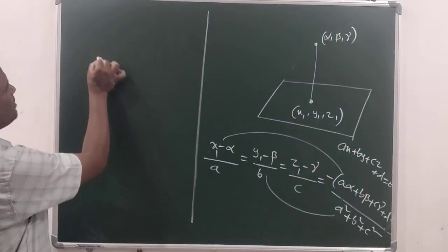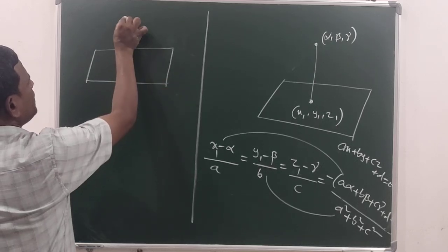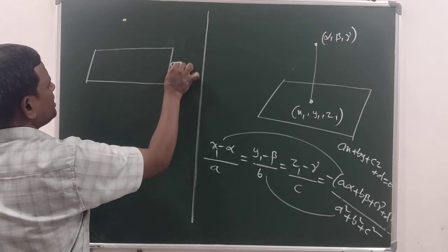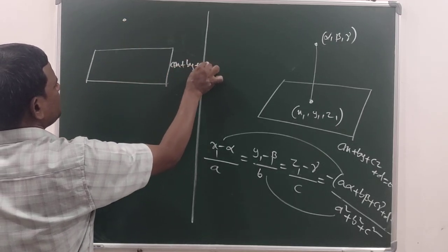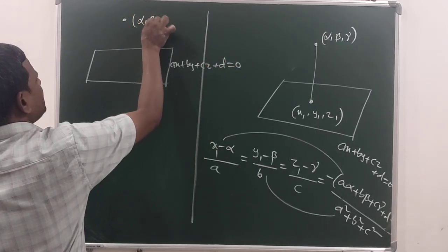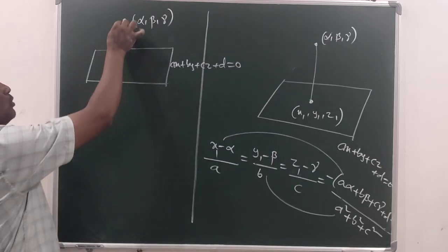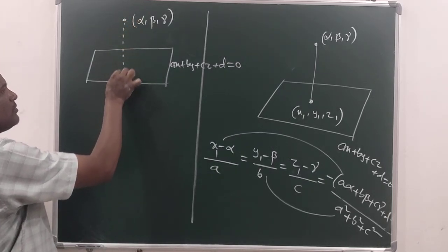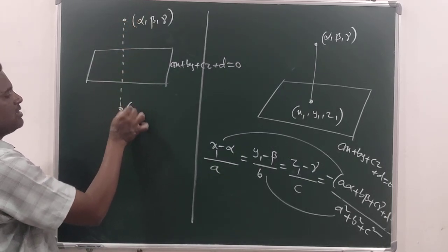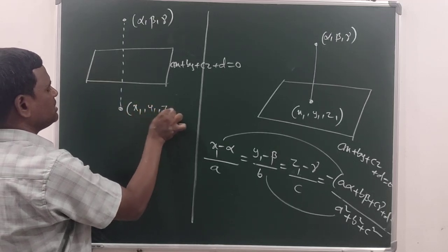In the same manner, sometimes they will ask you for the image also. Here the plane equation is ax plus by plus cz plus d equal to 0, and in space there is a point alpha, beta, gamma, and you have to find its image. Let it be x1 comma y1 comma z1.